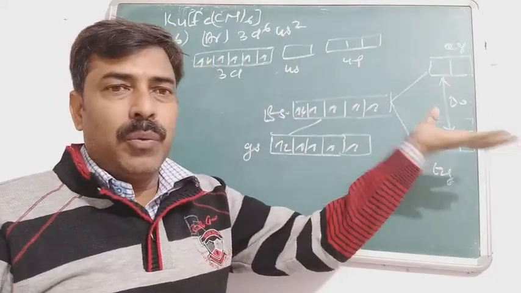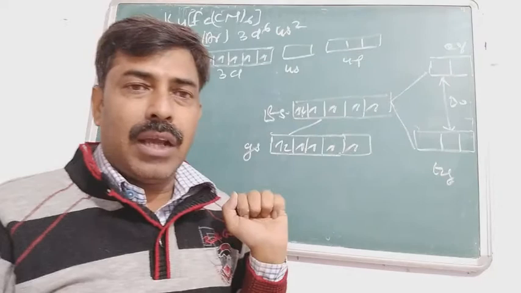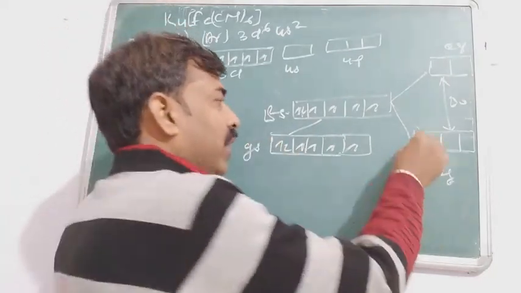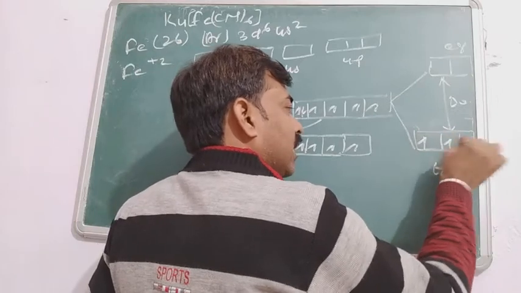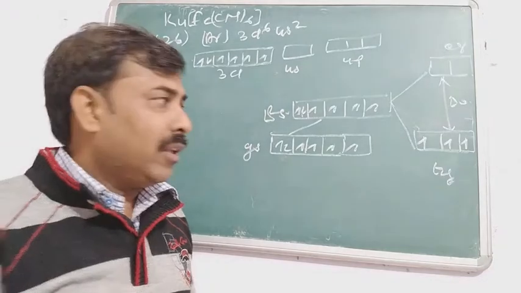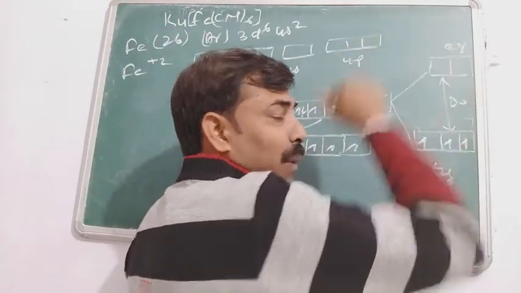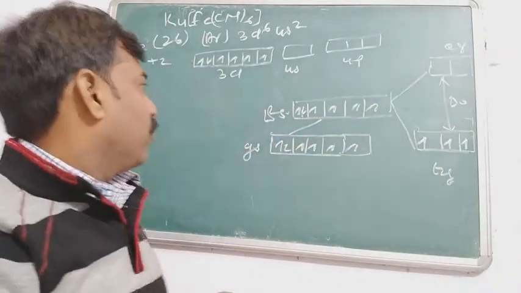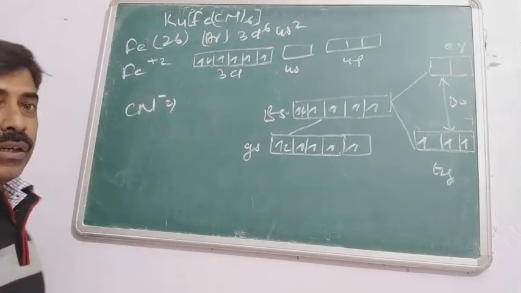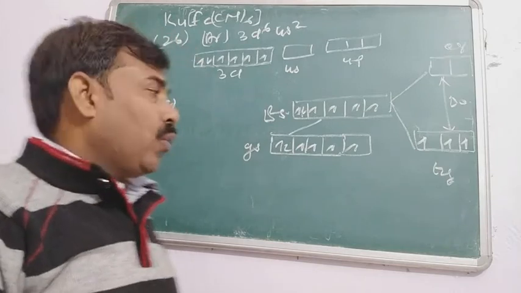Now the electron will move. As this is the energy level diagram, surely the electrons will move into the lower energy level, somewhere here: the first electron, second and third. Where will the fourth one go? Either it will pair up here or it will go up. For that we will see the nature of the cyanide ion, whether it is a strong field ligand or a weak field ligand.